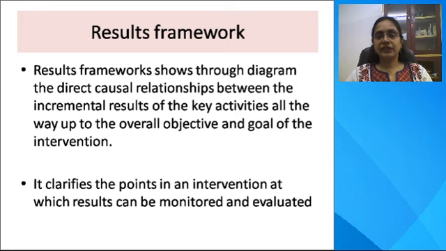So it is a hierarchical set of results. I need to get first a small result, and multiple small results are going to lead on to a big result. It's a hierarchical way of representing the different results which need to be attained one after the other. That's how the results framework tries to illustrate.